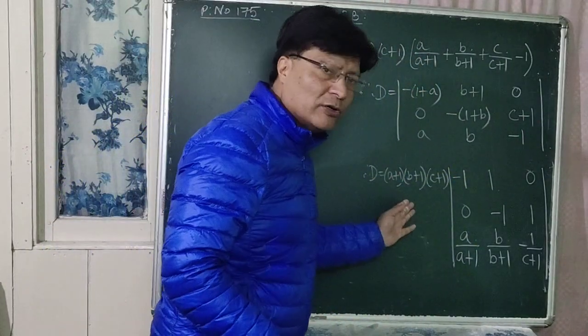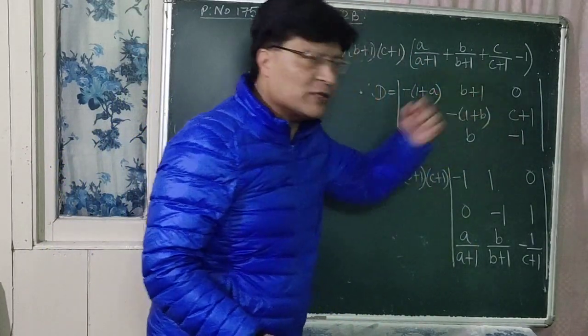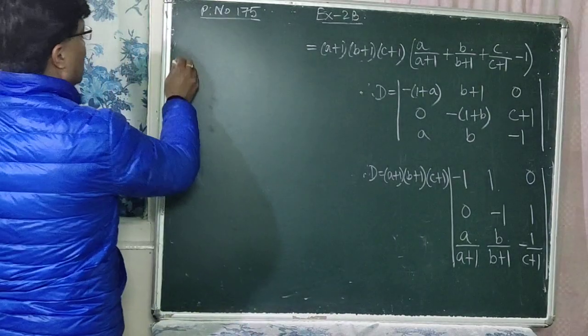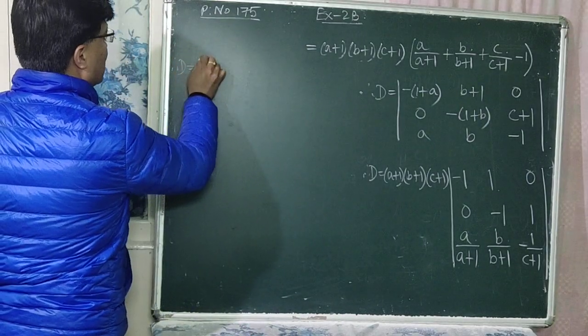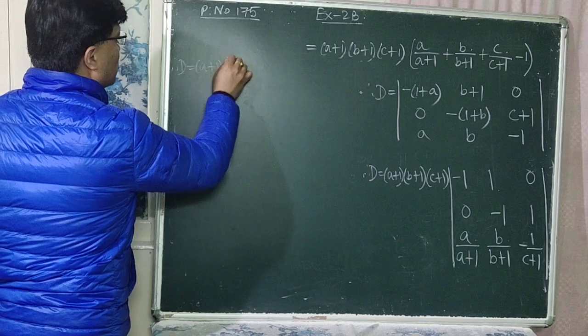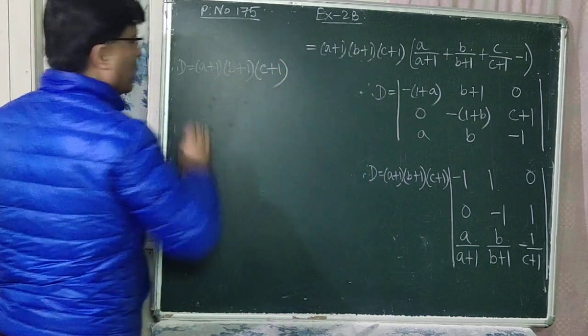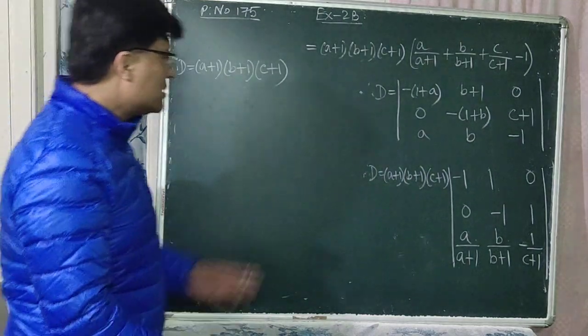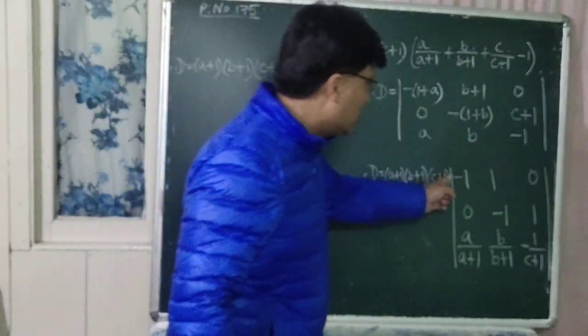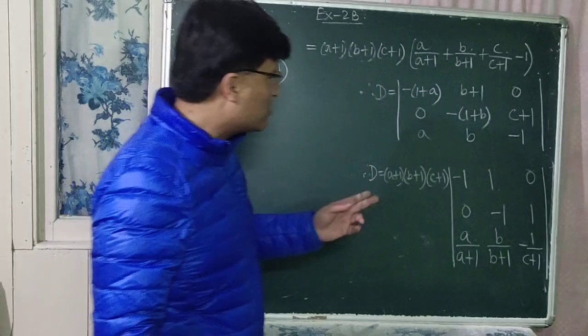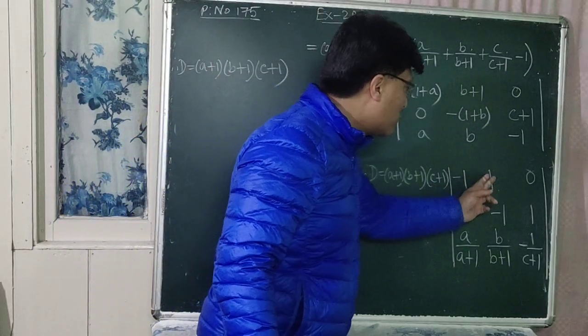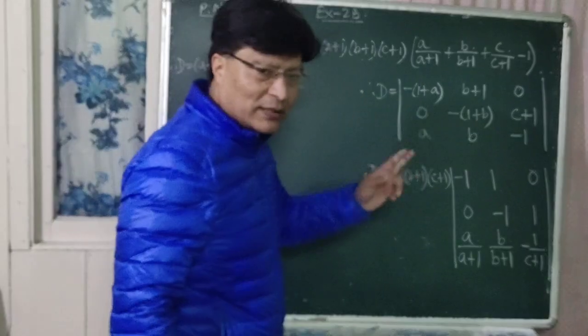We expand it with respect to which row? First row. Okay? So therefore D is equal to A plus 1, B plus 1, C plus 1, right? Now let us expand it with respect to the first row, that is with respect to the three elements minus 1, 1 as well as, and what? 0.